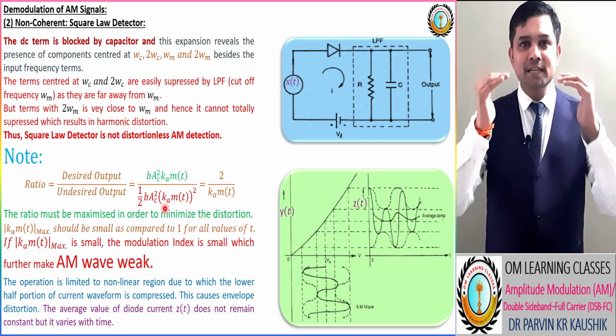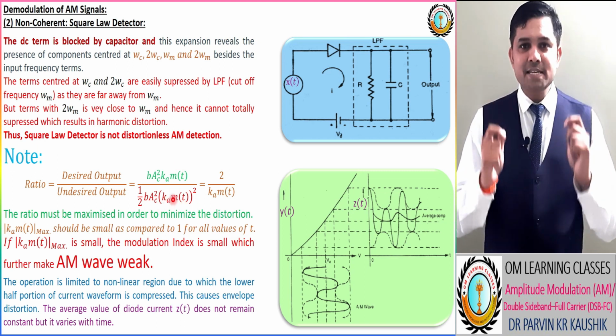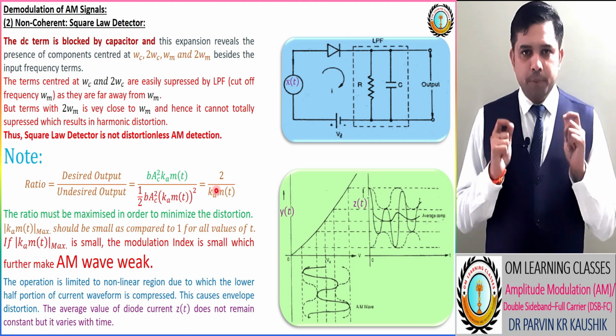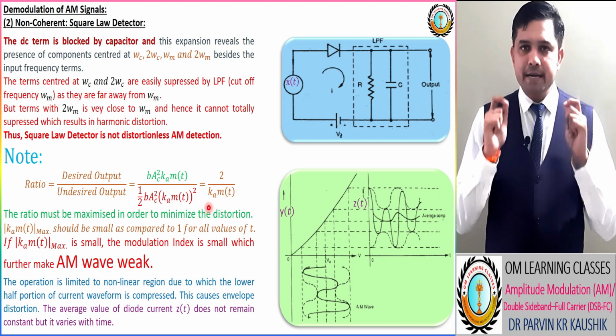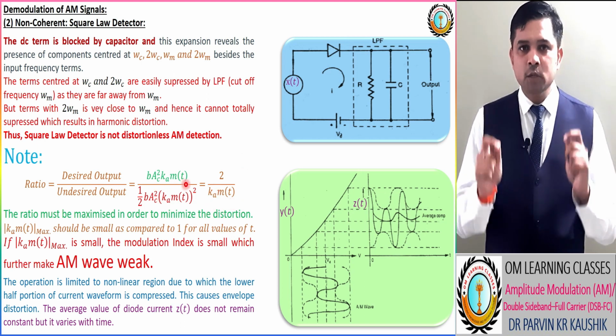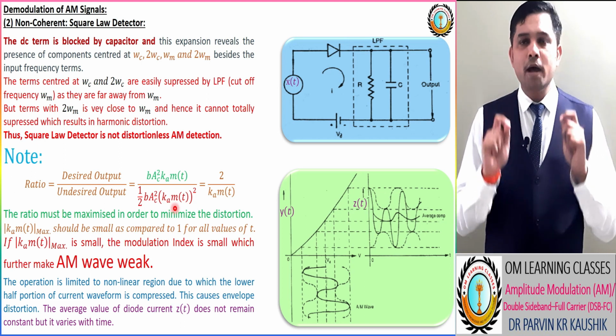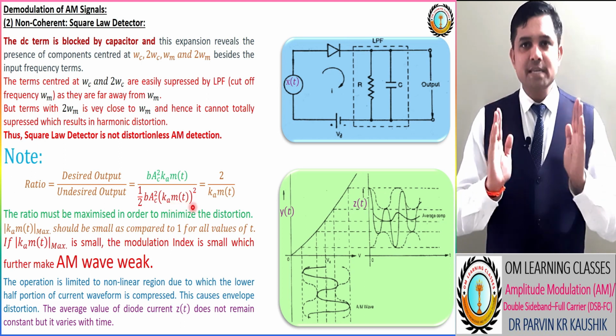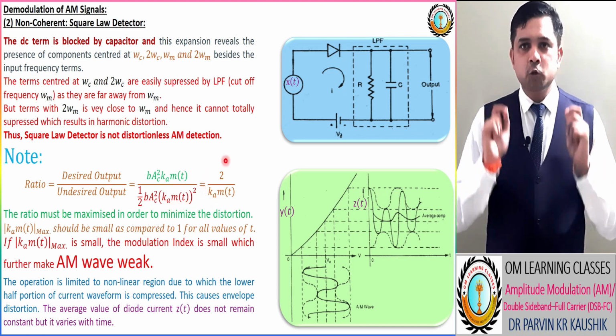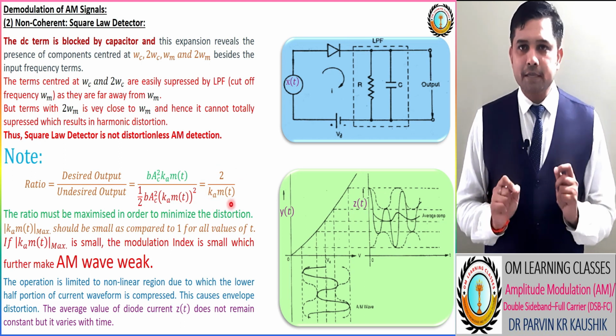If we take this ratio, it is equivalent to b into Ac square into Ka into m(t), over 1 by 2 into b into Ac square into Ka square into m square t, which is further equivalent to 2 by Ka into m(t).